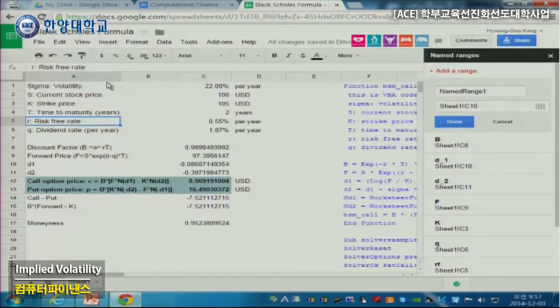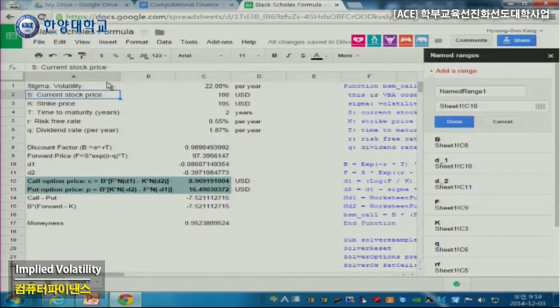We know what it is. And time to maturity is in the contract of the call and put option, so we know when it will expire. And the strike price is again in the contract. And the current stock price, we observe every day, so they are fine.